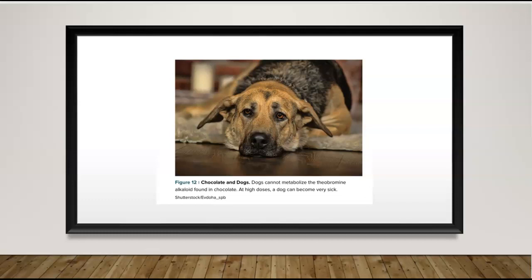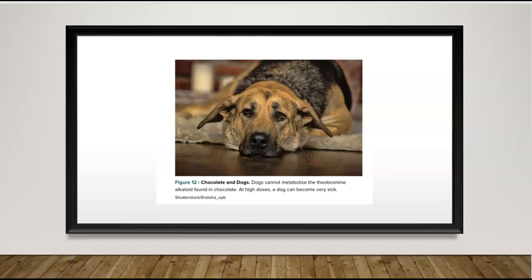This is in chocolate, and if a dog eats it, they can't metabolize it. They can't break it down. So it basically becomes toxic for that animal. That can be serious. Regular chocolate has some of it. The dark chocolates, concentrations are extremely higher, sometimes 10 times higher in the dark chocolates.